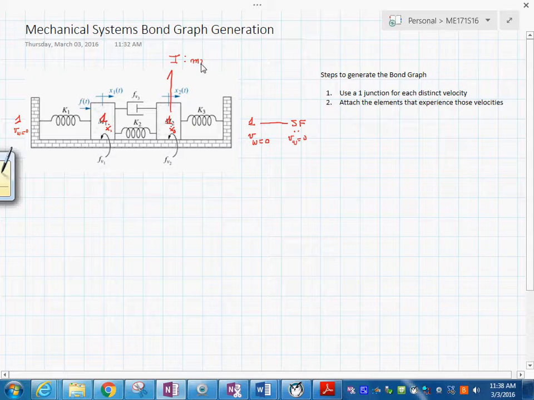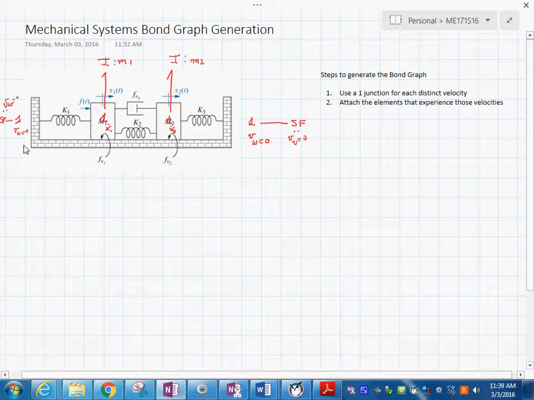And in here, we will put the source of flow with value of velocity of the wall equals to 0. Okay. So, do we have any other elements that attach to these one junctions? The answer is no.